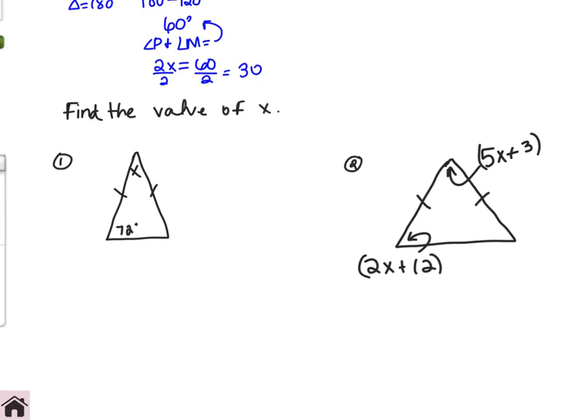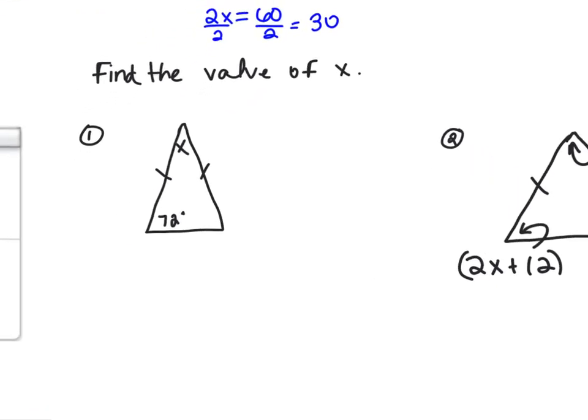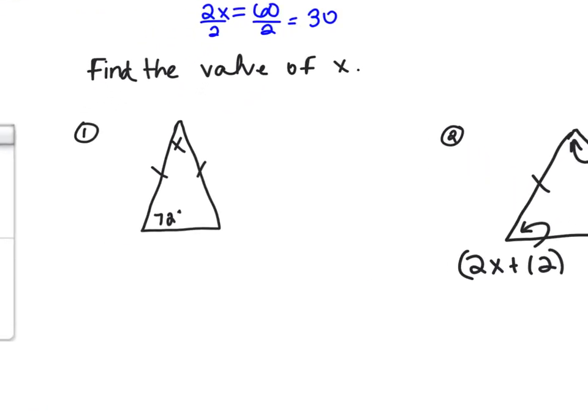All right, so find the value of x. Well, I can tell right here I have an isosceles triangle, I have two congruent sides. Knowing what I know about isosceles triangles, if I have two congruent sides, then my angles also have to be congruent. So we can say this angle here is equal to this angle here.